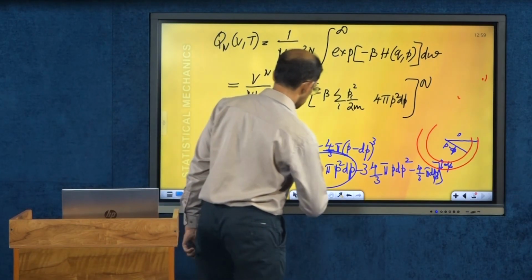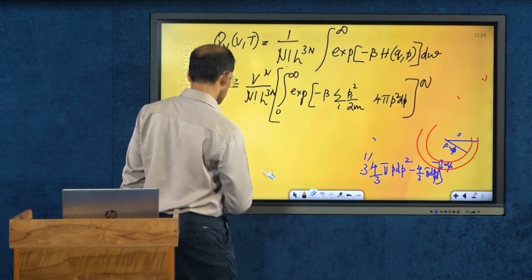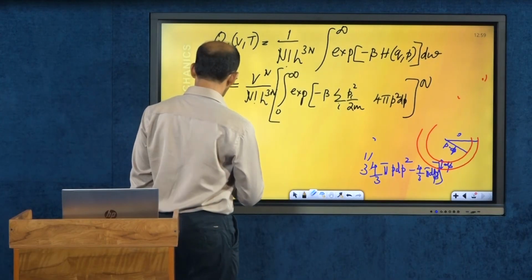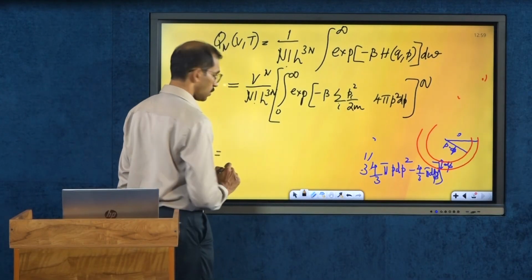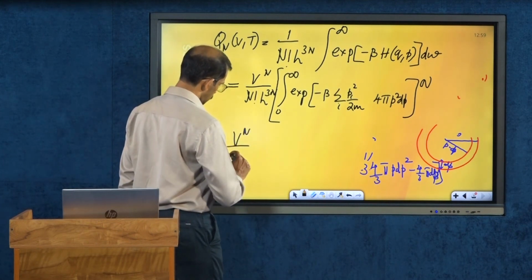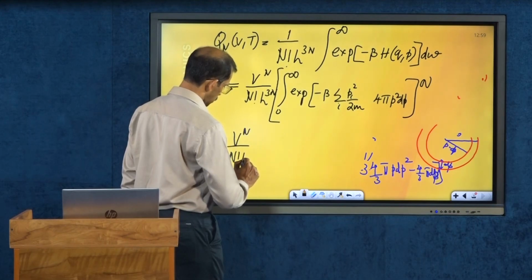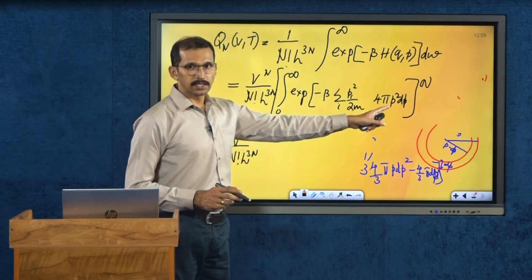I can write it as equal to V raised to n by n factorial h raised to 3n. So we are carrying out this integral, right?